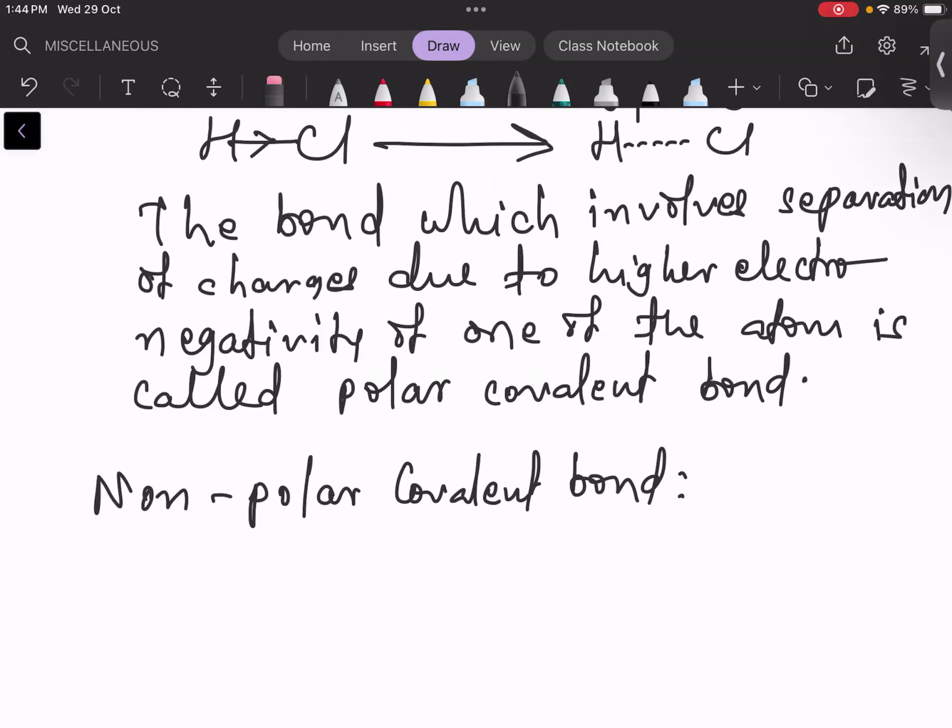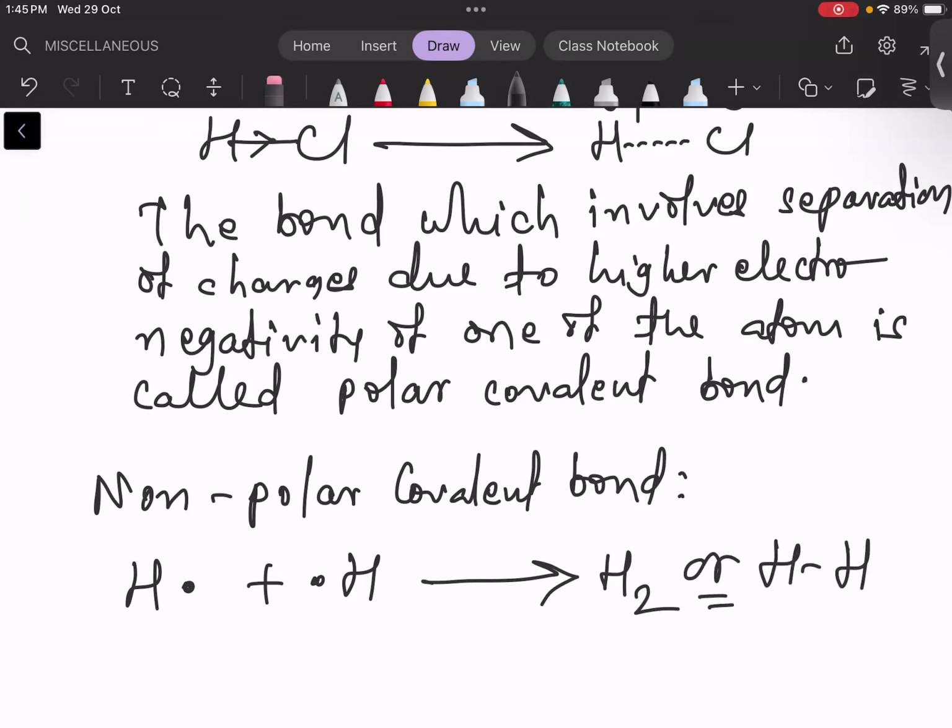Let us consider the formation of a hydrogen molecule from two hydrogen atoms. Hydrogen's atomic number is 1, so the number of electrons is 1. Hydrogen having 1 electron combines with another hydrogen having another electron, and it forms the H2 molecule.